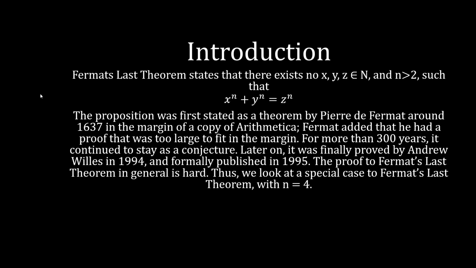For more than 300 years, it continued to stay as a conjecture. Later on, it was finally proved by Andrew Wiles in 1994 and formally published in 1995. However, the proof of Fermat's last theorem in general is hard. So in this paper, we will look at a special case, which is n equal to 4.